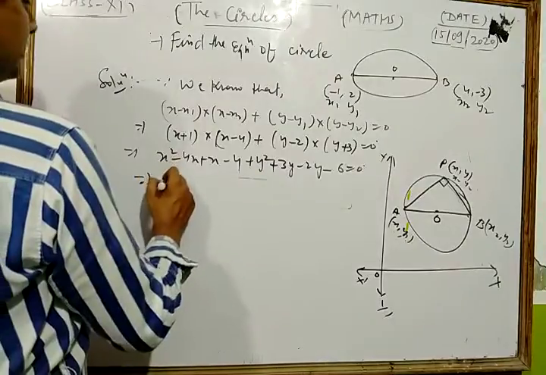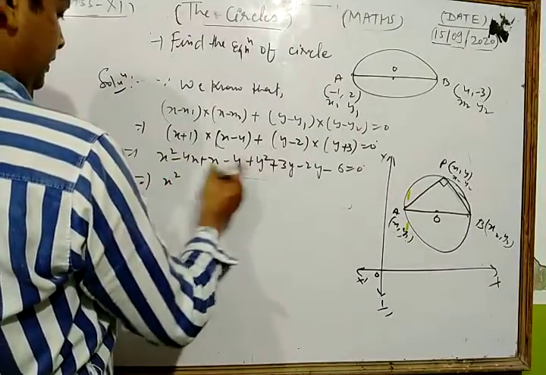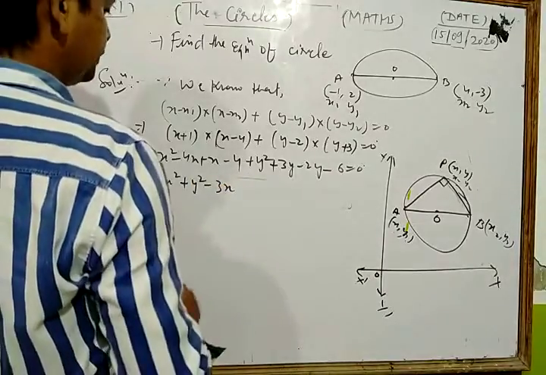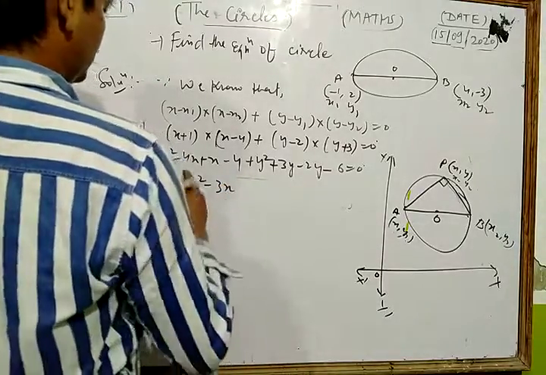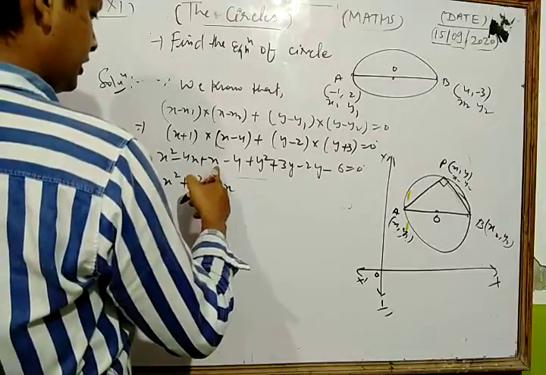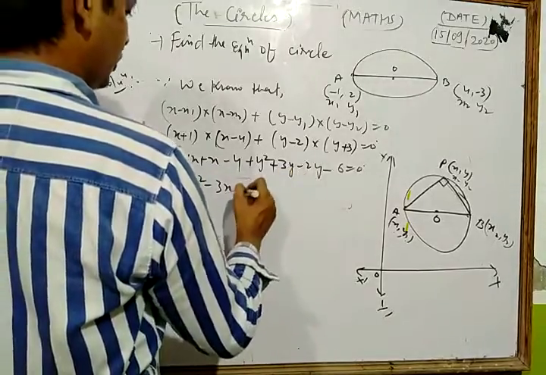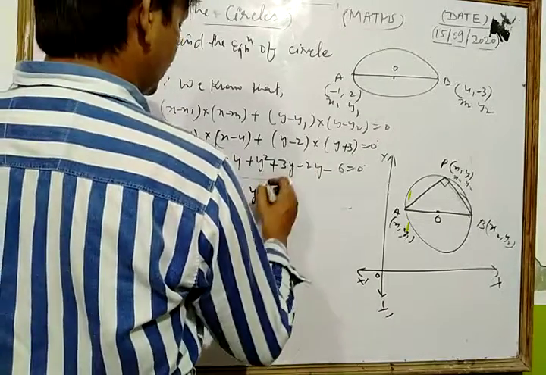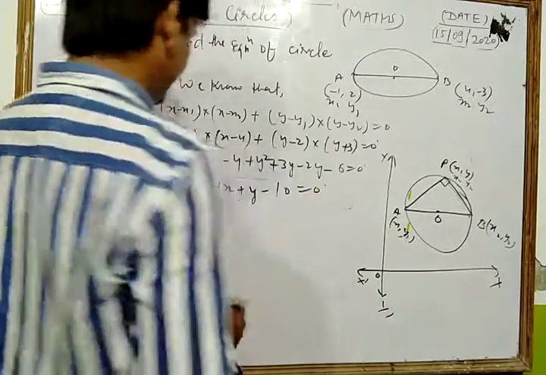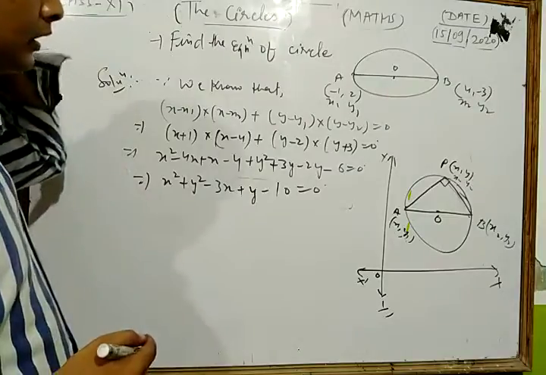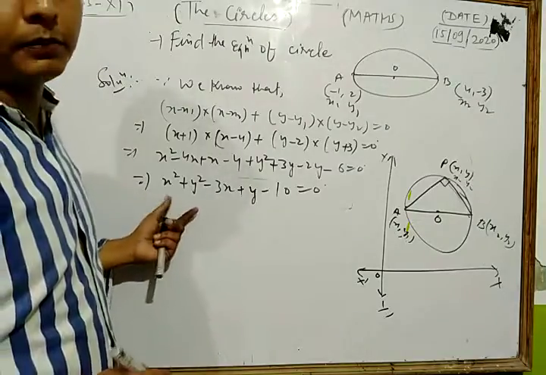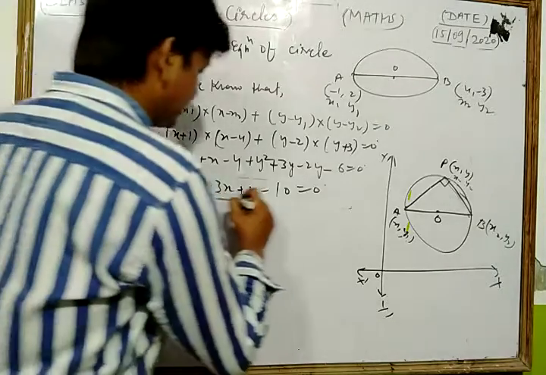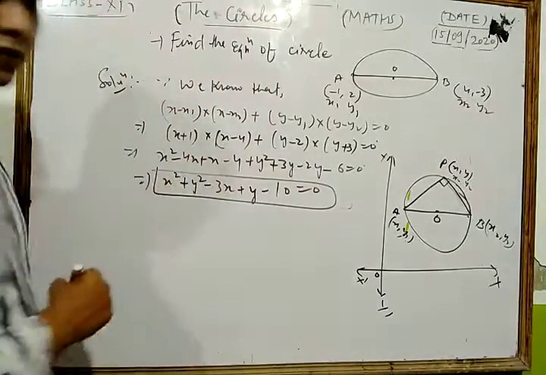So we get x square plus y square minus 3x plus y minus 6 minus 4, which is minus 10, is equal to 0. Let's see the required answer: x square plus y square minus 3x plus y minus 10 is equal to 0. Yes, this is the required equation of the circle.